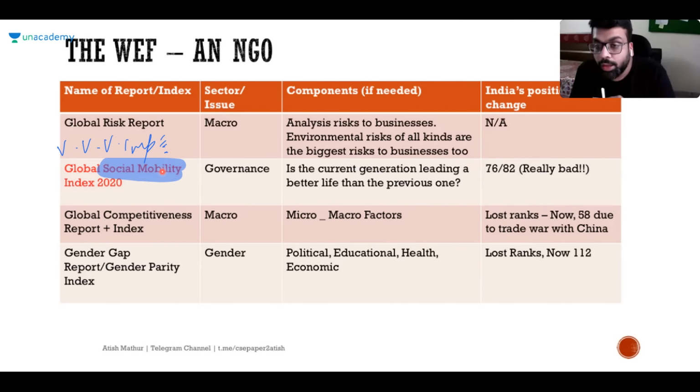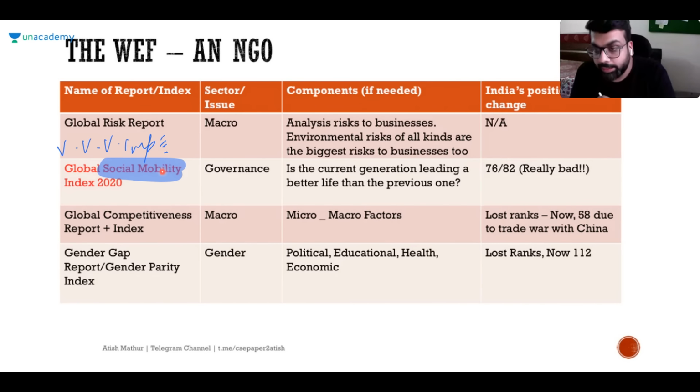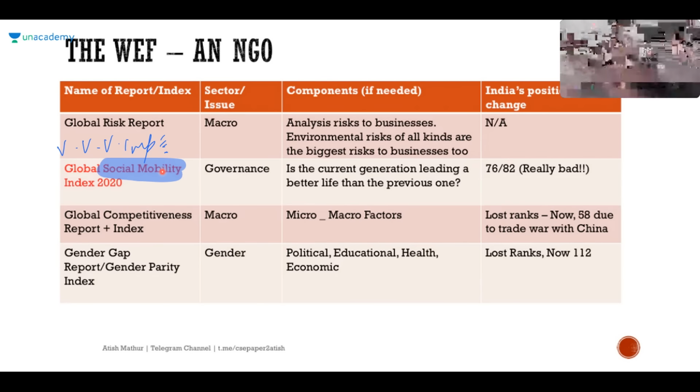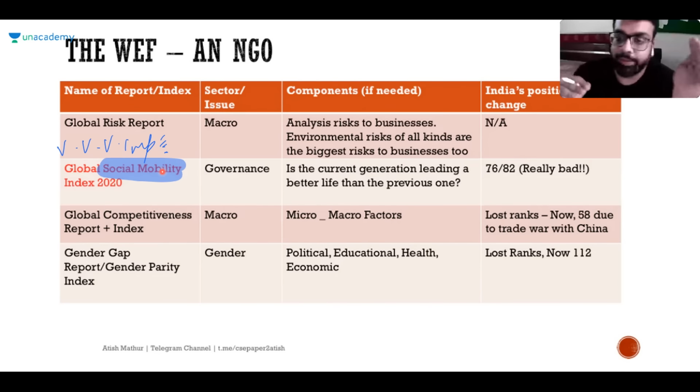If you go to the World Economic Forum's website and read the official document, it clearly says comparison of lives between current and previous generations. So social mobility is understanding the socio-economic conditions which affect the kind of lives the current generation is leading as opposed to the previous generation.